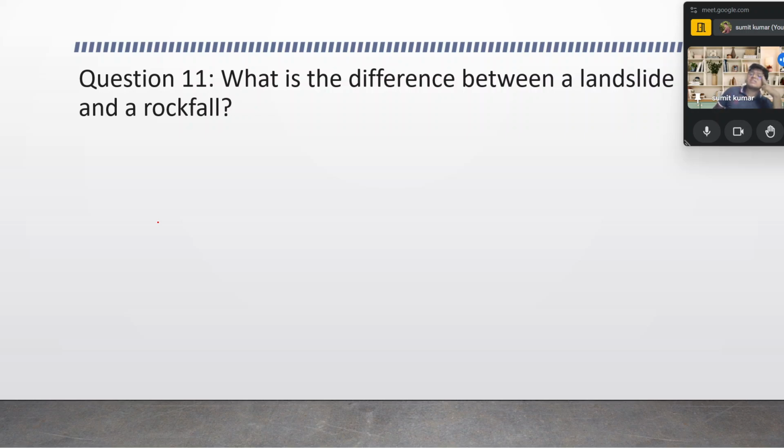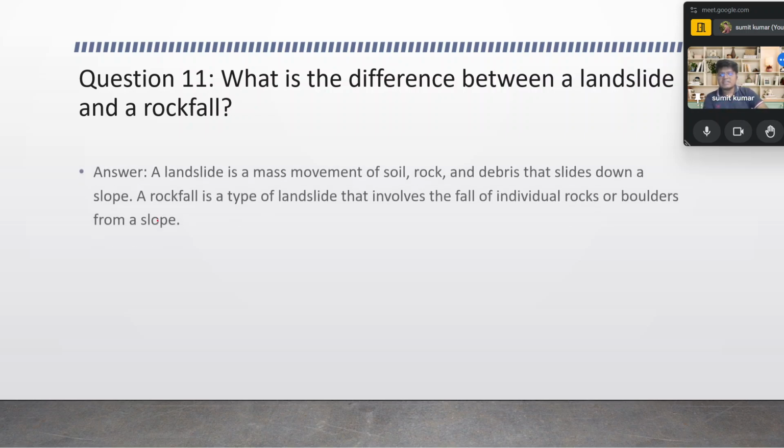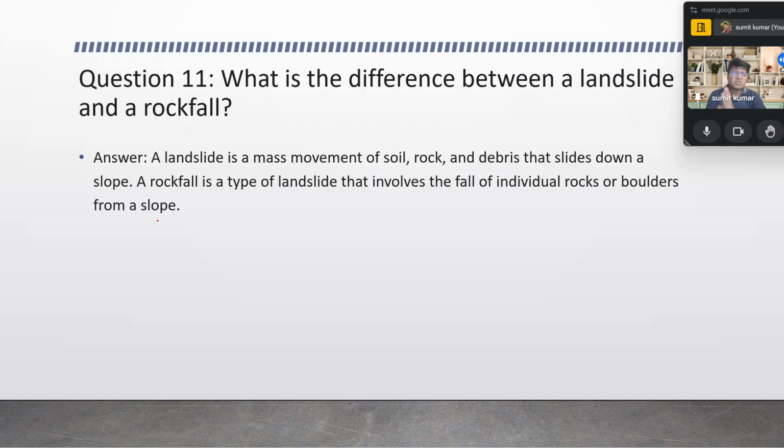Our next question states, what is the difference between a landslide and a rock fall? As we know, a landslide is a mass movement of soil, rock and debris that slides down a slope, while a rock fall is a type of landslide that involves the fall of an individual rock or boulder from a slope.